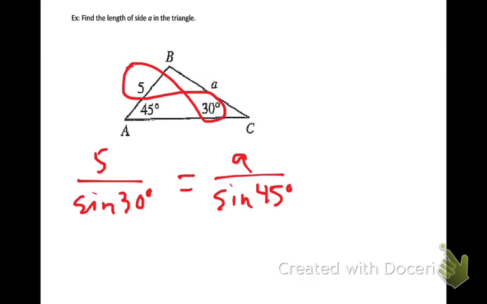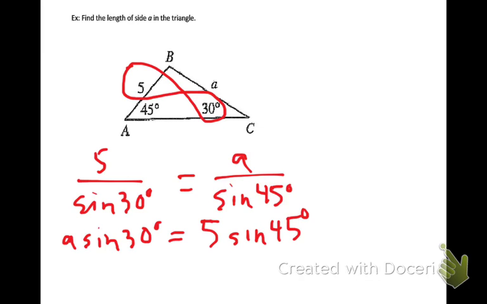Then cross multiply and solve, we get a sine 30 degrees is equal to 5 sine 45 degrees. So then we have a equals 5 sine 45 over the sine of 30.